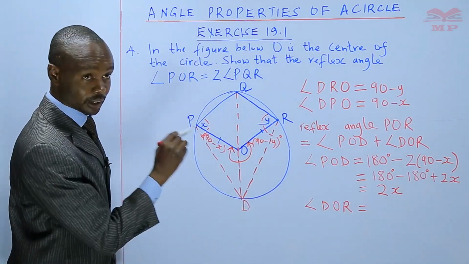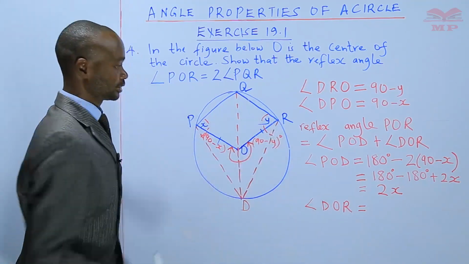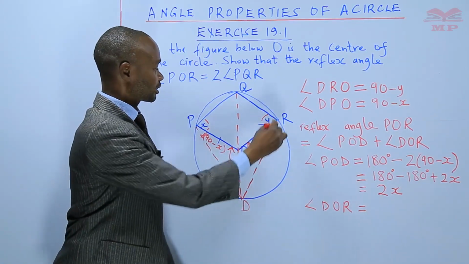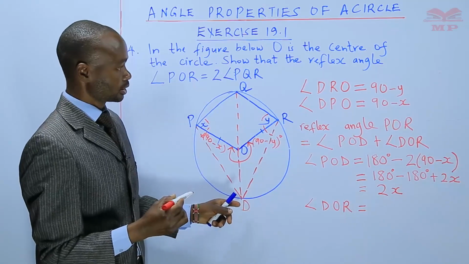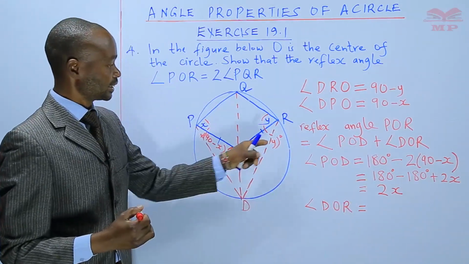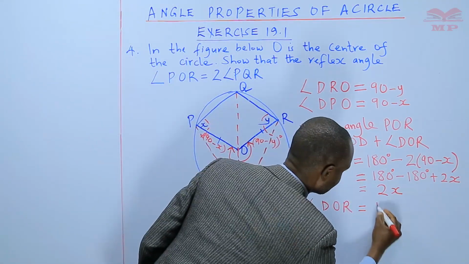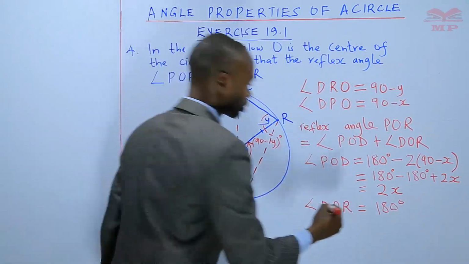You should actually see where the angle is. DOR. The same concept works. The sum of angles in a triangle is 180 and the other pair is equal. So the working will be almost the same as what happened in the other isosceles triangle. So you'll get the sum, which is 180 degrees. Subtract twice.